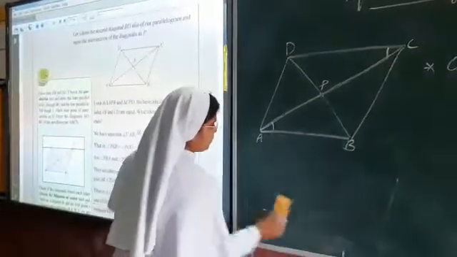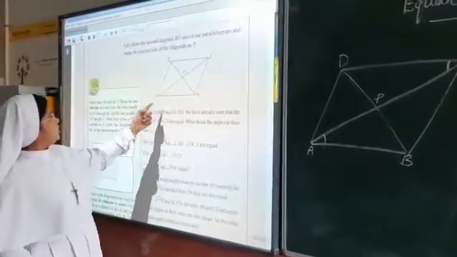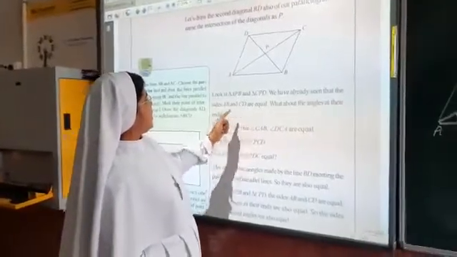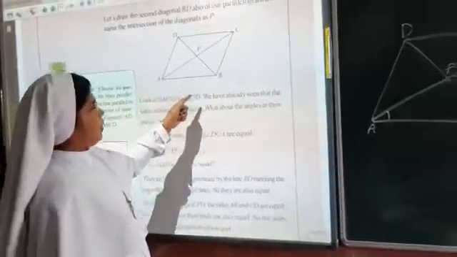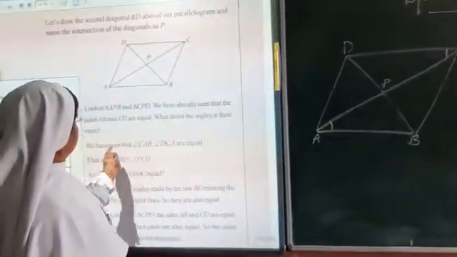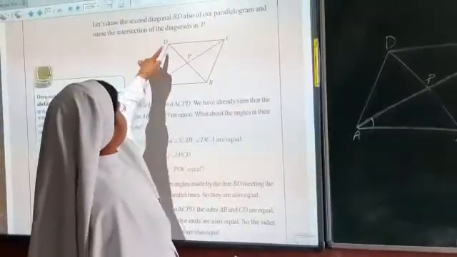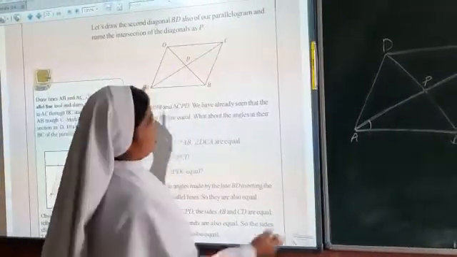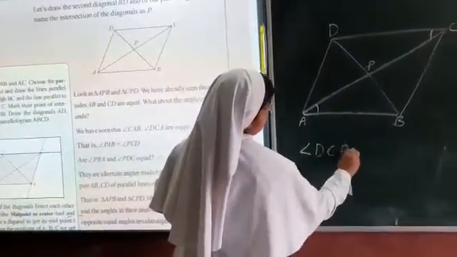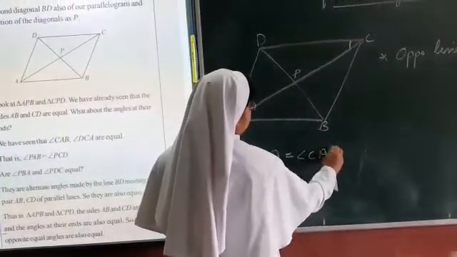So we have here the same figure. We have seen that angle DCA is equal to angle CAB.